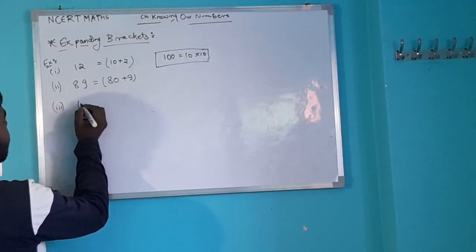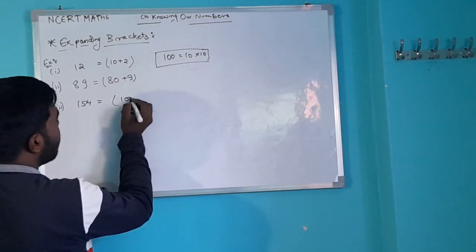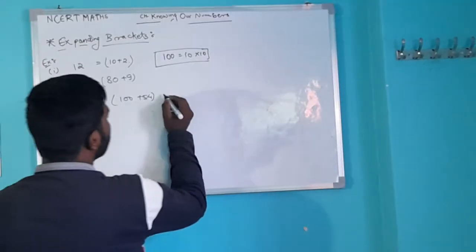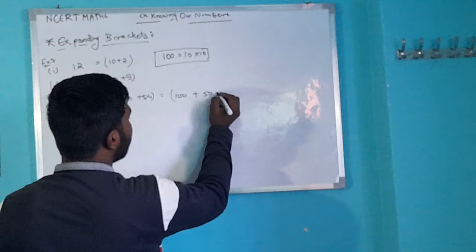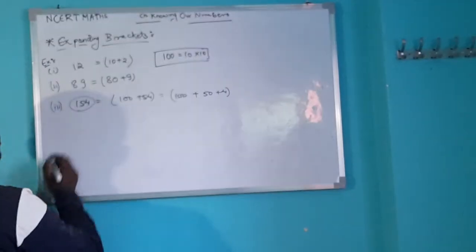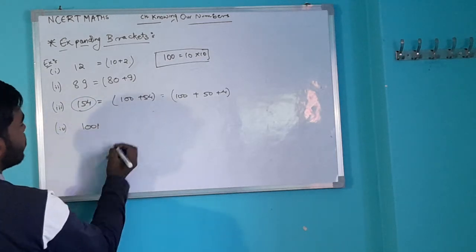Alright, 154. We also write it as 100 plus 54. Again, we also simplify this as 100 plus 50 plus 4. And we have 1001.